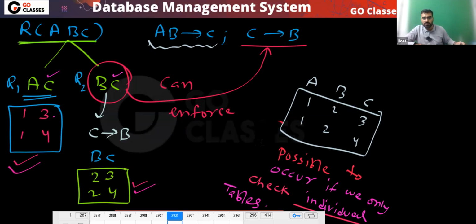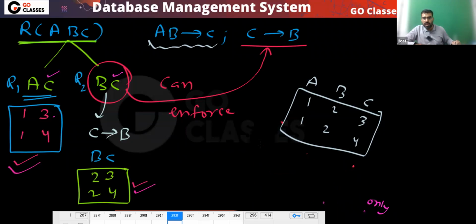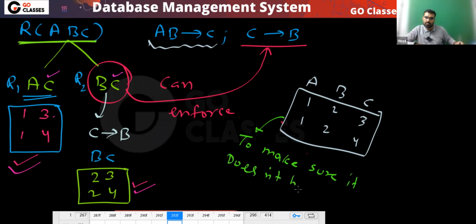What do you need to do to make sure this does not happen? You have to merge the tables, correct?